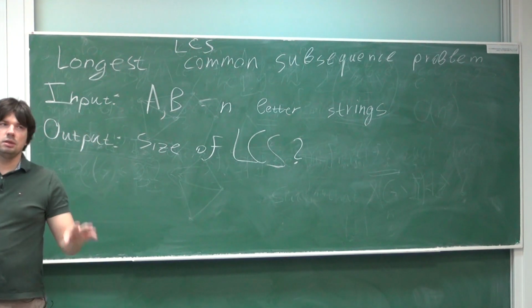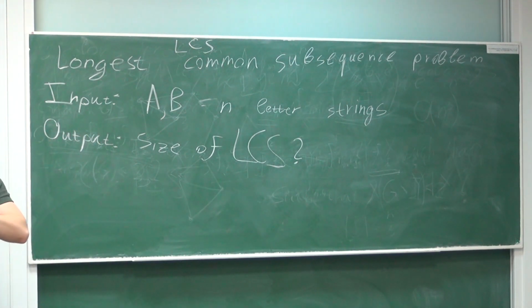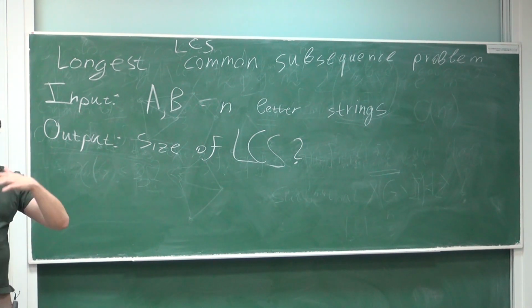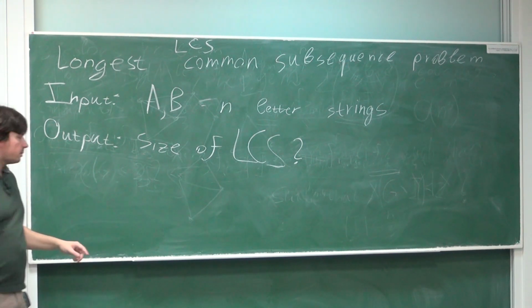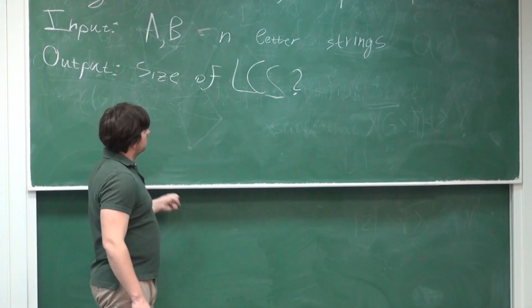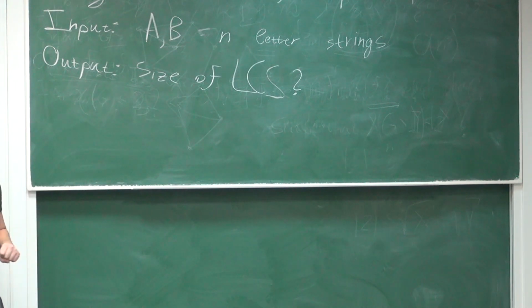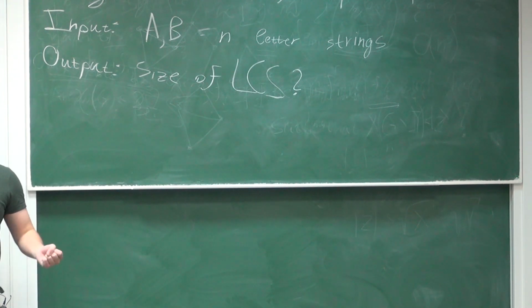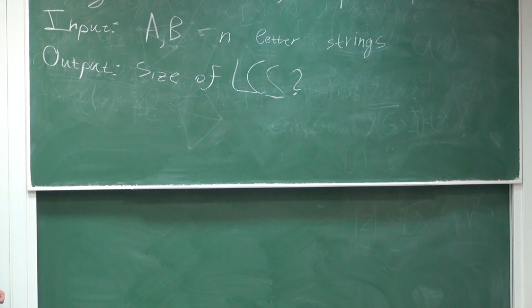That would be something like 2 to the n choices of a subsequence, and then for each of them you need to check if they're a subsequence of the other string. So let's do something fun instead. Let's use our dynamic programming approach.